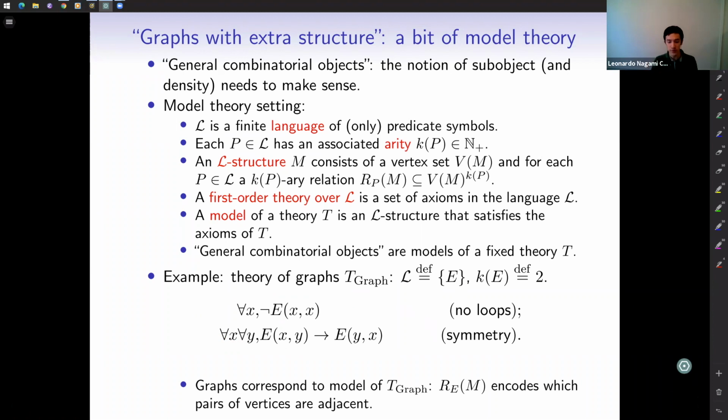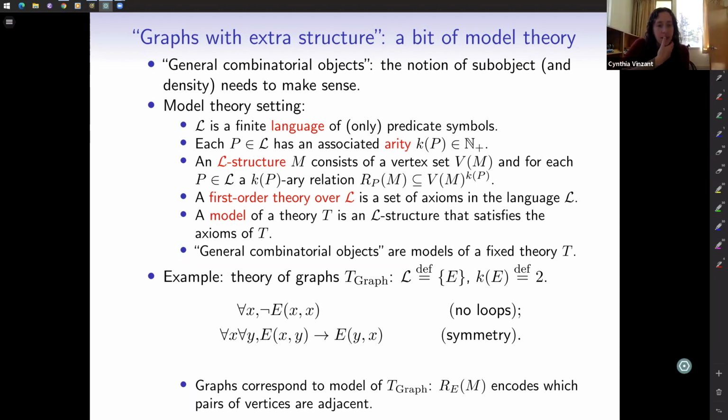An L structure is just going to be a set with a binary relation, but it could be a directed graph at that point. The model of this theory is required to satisfy these axioms. So a model of the theory T graph is an L structure that satisfies these axioms, therefore it's a graph. Does it make sense? Okay.